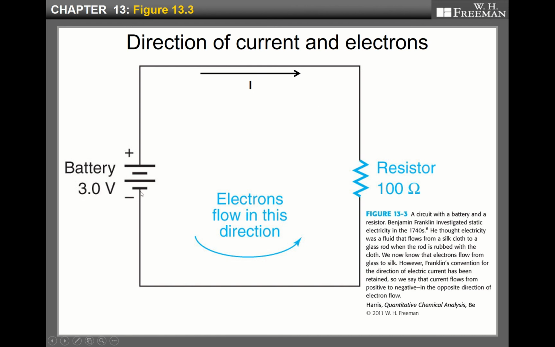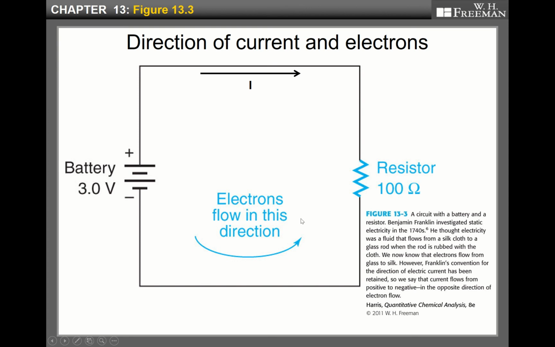Electrons come out from the negative terminal, move through the circuit, and then enter the positive terminal. Here is the electron flow in this direction, and current flows in the other direction.